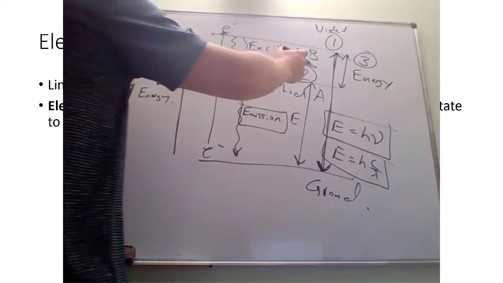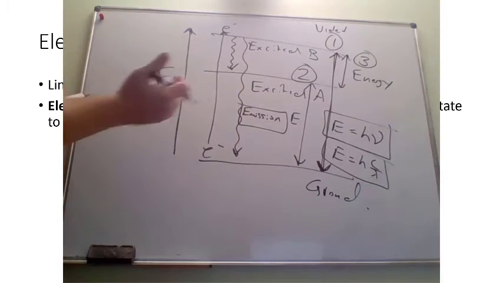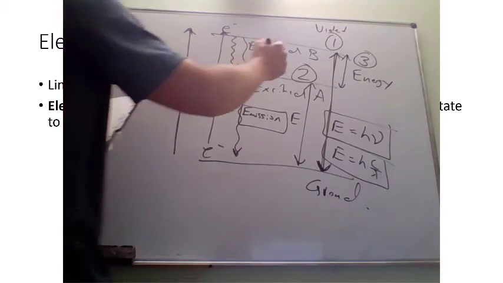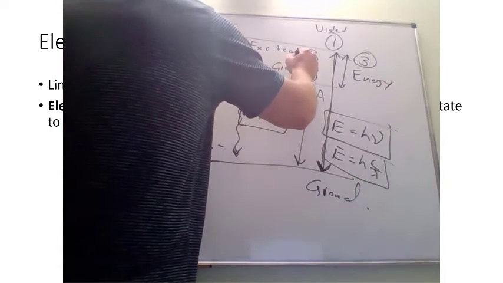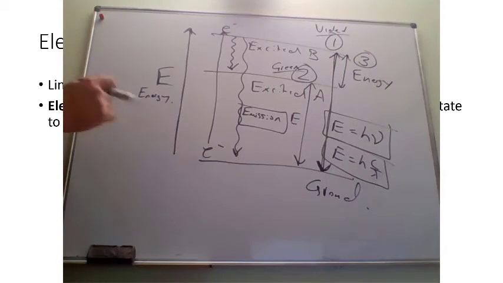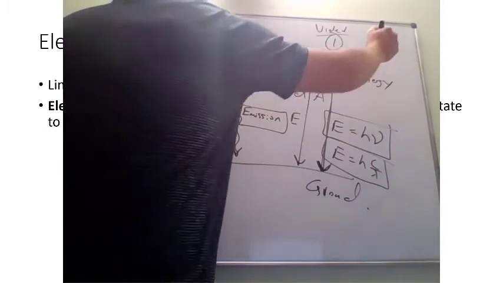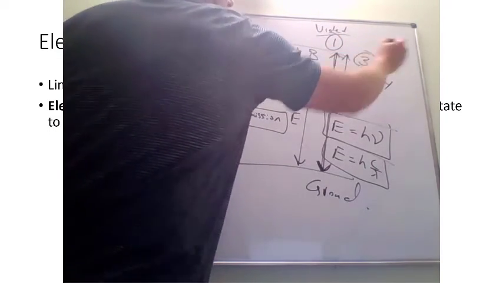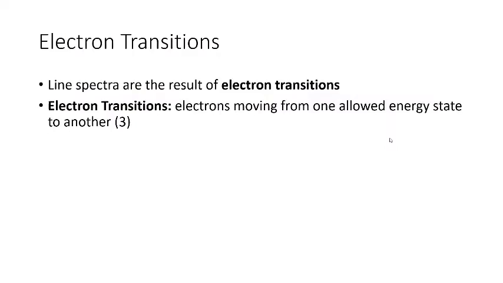One going from A down to ground, it'll be more in the middle, so that's going to be something like green. I'm totally making these up right now, just sort of illustrating how the energy works. And a smaller energy transition would be something more like red. Okay? As associated with our Planck's postulate, E is equal to h nu.